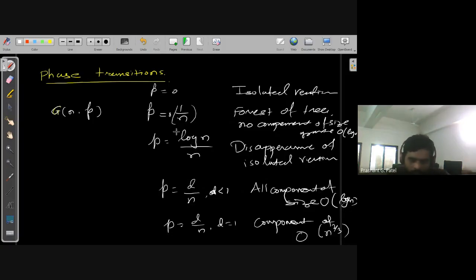So now the question is, what is the definition of threshold value? For this and many other properties of random graphs, a threshold exists where a transition occurs from not having the property to having the property.